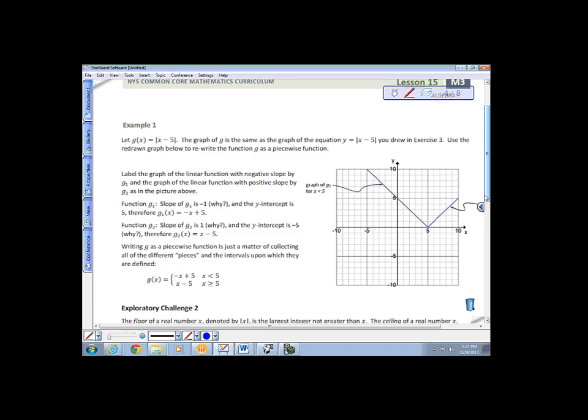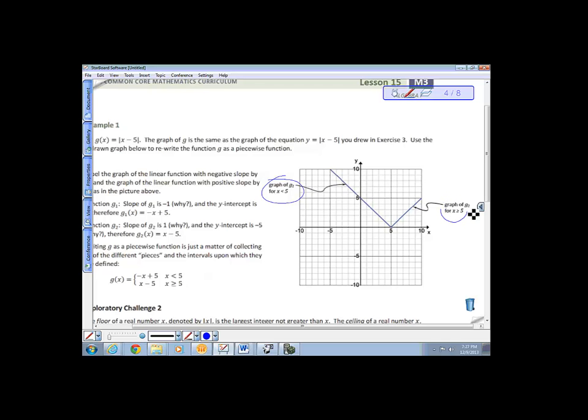Here's another example showing you that an absolute value is really just two pieces, or it's really two lines pieced together with limited domains. So this line has a domain of x is less than 5, and the other line has a domain of x is greater than or equal to 5. And together they piece to make the other absolute value, g of x equals absolute value of x minus 5, that we graphed before. Okay.